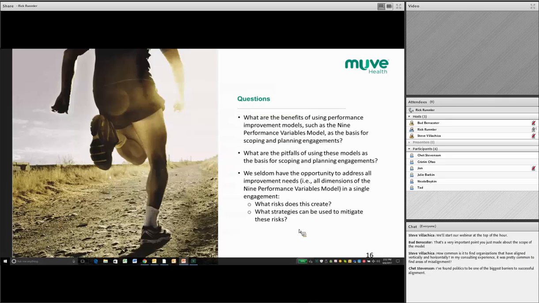So here are some questions that I'd put out there in advance that we can spend time on, or I'm happy to jump to any question you guys have in particular. What are the benefits of using models such as the nine performance variables model? I find it to be very helpful for scoping and then communicating what that scope is, that there's a logic for it. Are there pitfalls, though?